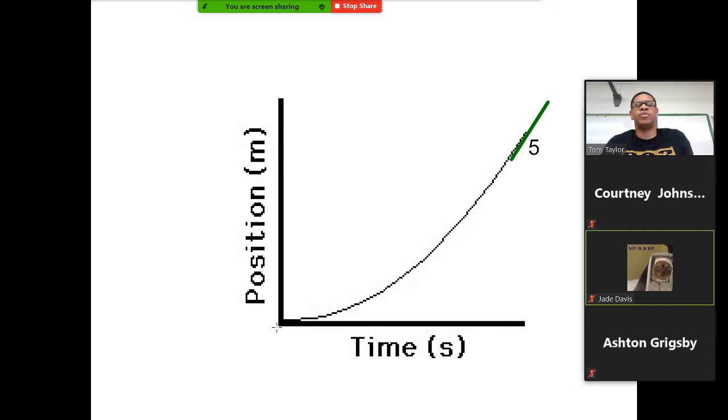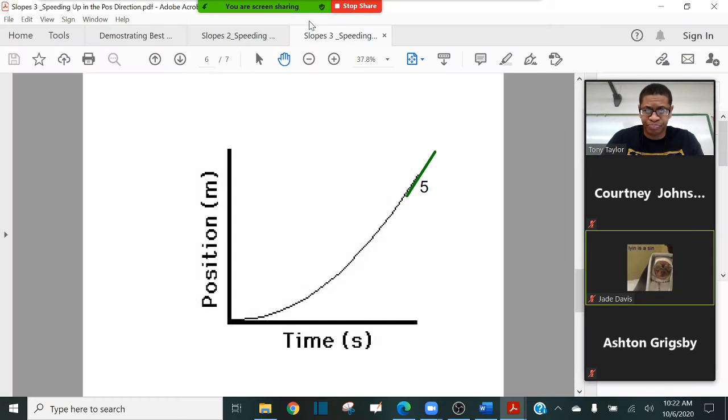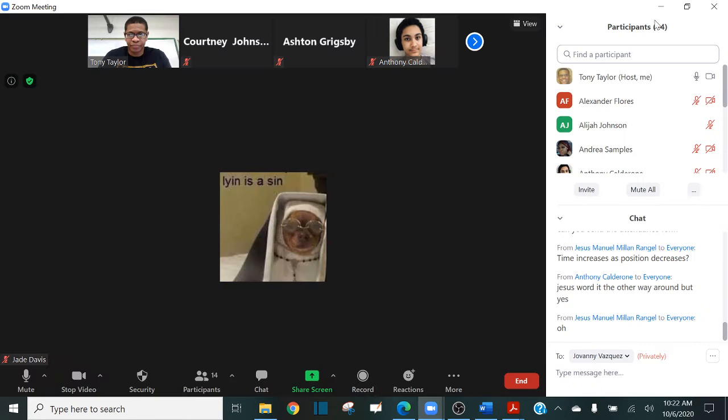So if you notice, the trend line is going from flat to steep. So because it's getting steeper with time, that means our object must be speeding up. In this case, we're speeding up while moving in the positive direction. Let's keep going. Again, the more examples that we see, the better.